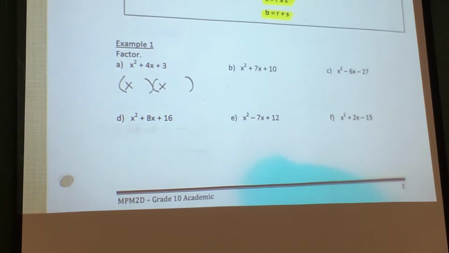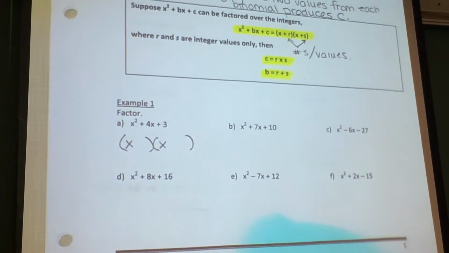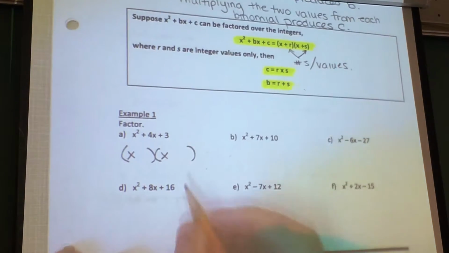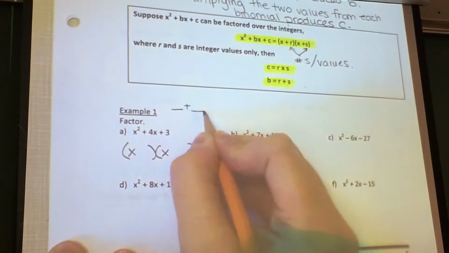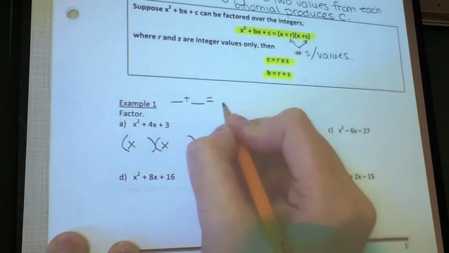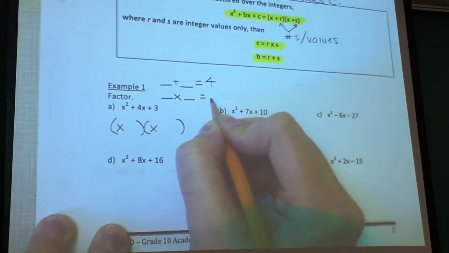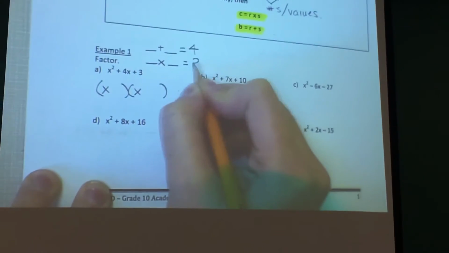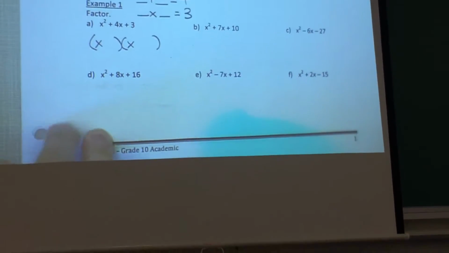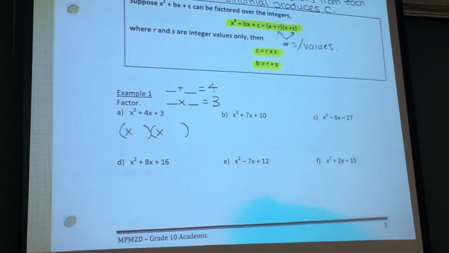Now, based on the rules we just talked about, I want two numbers that are going to add together to give me 4, because that's my B value, and I want those same numbers to multiply together to give me my C value. Can someone come up with two numbers that will do both of those things?